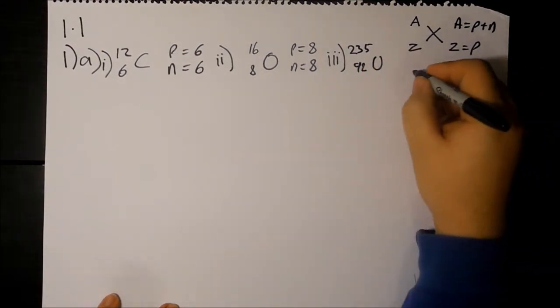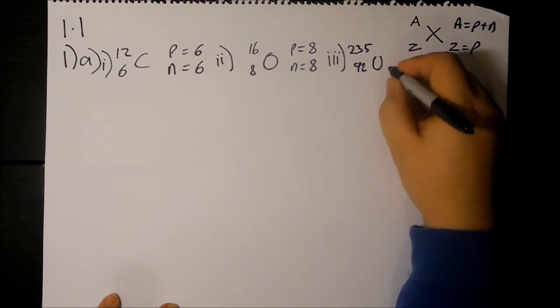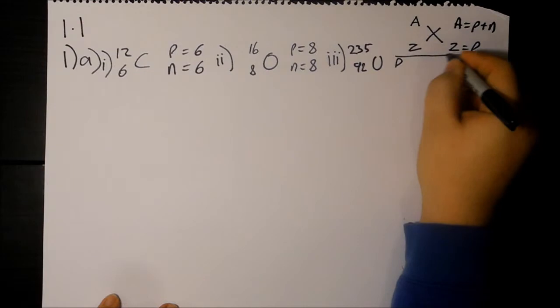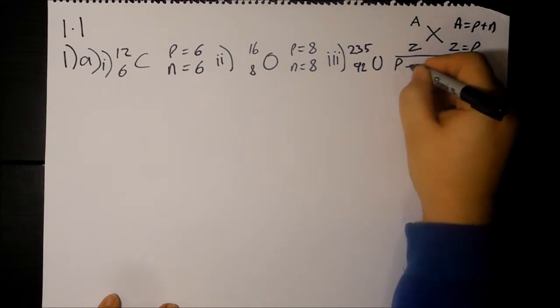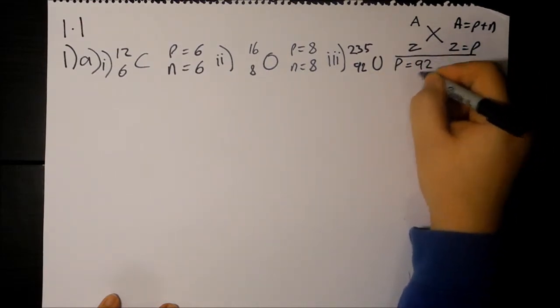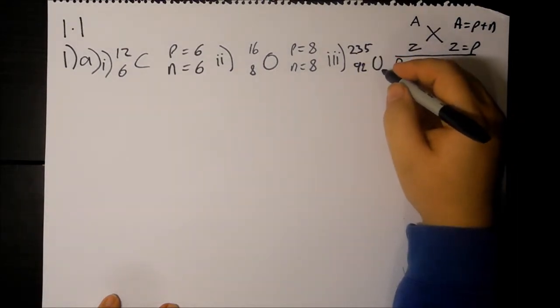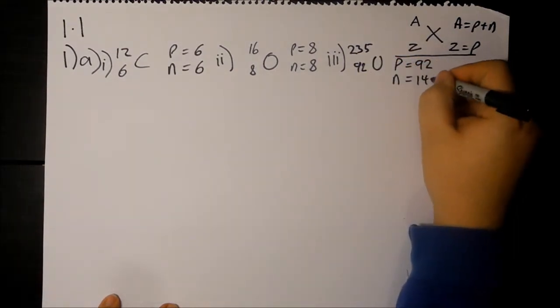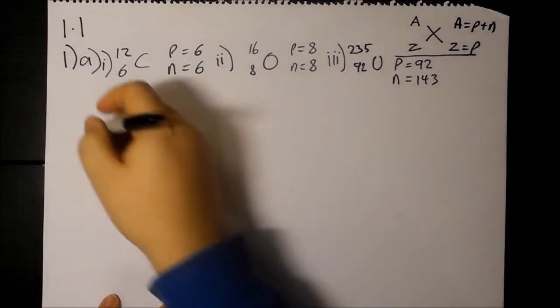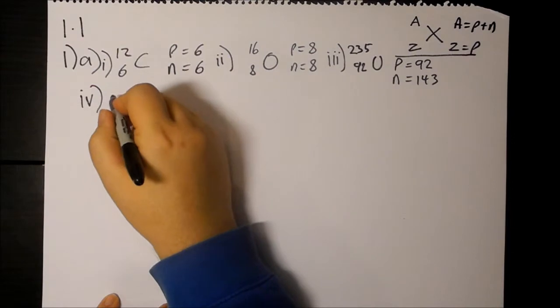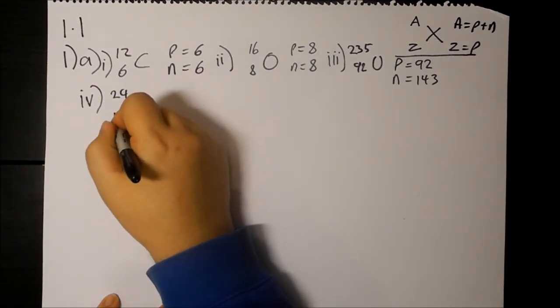So the bottom number here, the smaller number, it'll always be smaller, is the number of protons. Just write it down a little bit so I don't get mixed up with that. 92. And then neutrons, well, it'll be 235 minus 92, which is 143. And 2 more.